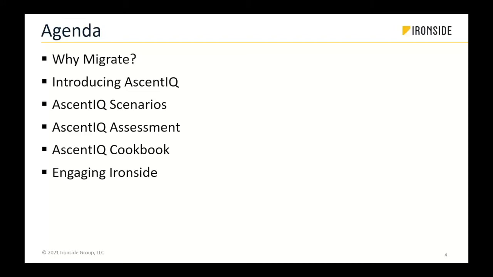We'll talk about something that we call the AscentIQ Assessment, which is a process that typically front ends a migration to a different tool. We'll also talk about the AscentIQ Cookbook, and I'll do a demonstration of that. And then we'll talk a bit about how you can engage us and learn more about AscentIQ.